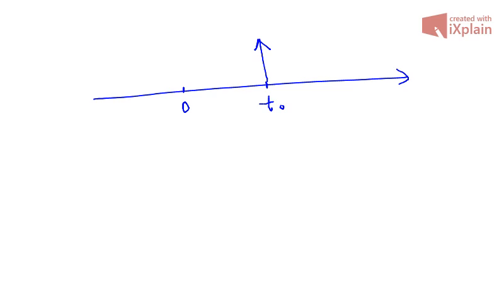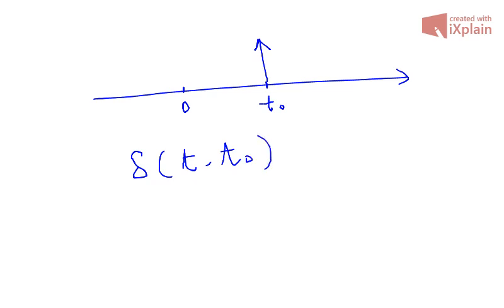We can also represent the delayed version of the unit impulse. For example, if a delayed version of the unit impulse occurs somewhere here at t naught, right? You can represent it as delta of t minus t naught.